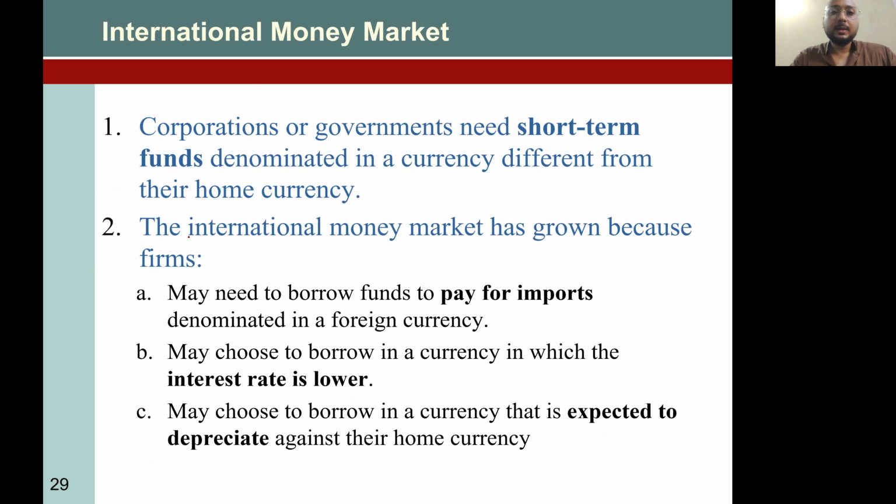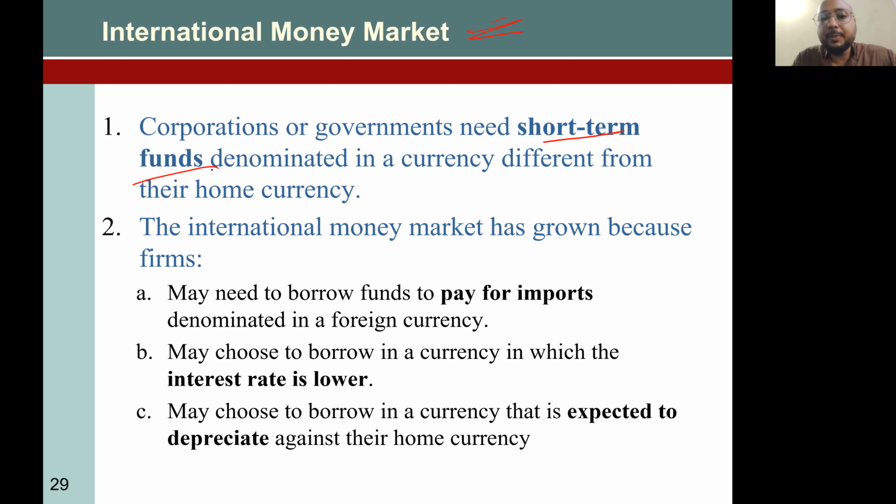Okay. Now international money market. We talked about foreign exchange markets. We talked about future markets, spot market. We talked about currency derivative markets and now international money market. So international money market is where short-term funds are traded.